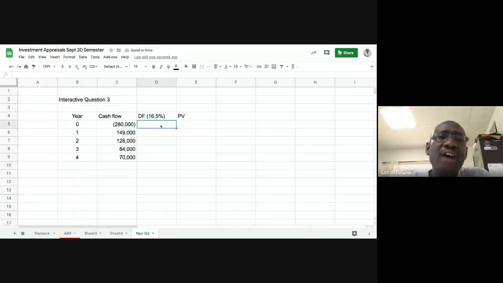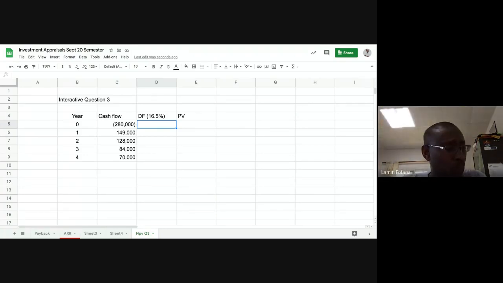So now we have to calculate our discount factor for 16.5%. Who can give me the formula, please? We have to take this to 2DP, yeah? So what formula should I enter here?